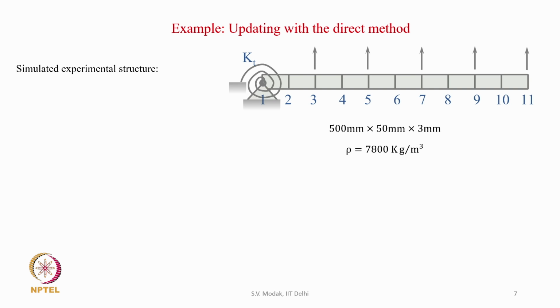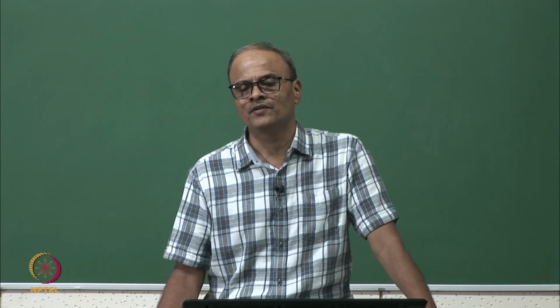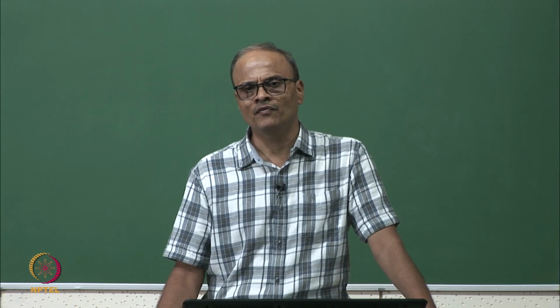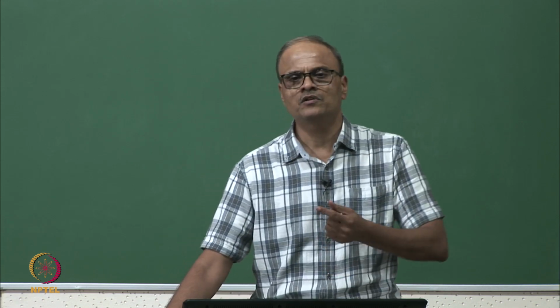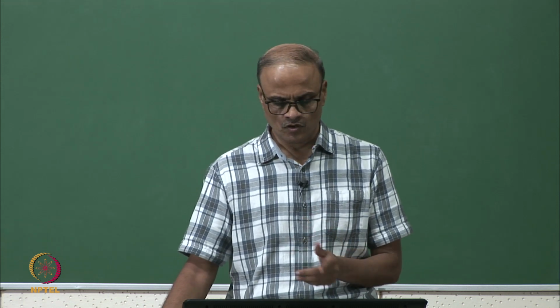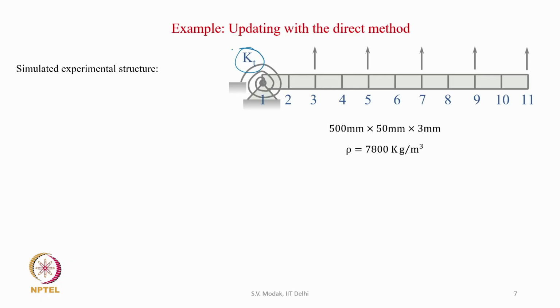In practice the fixed end of the cantilever may not be ideally fixed, and it may have some flexibility. So, in order to simulate that effect at the clamped end, a torsional spring has been used. You can see here a torsional spring with torsional stiffness Kt, used to model the flexibility at the clamped end of the cantilever structure.